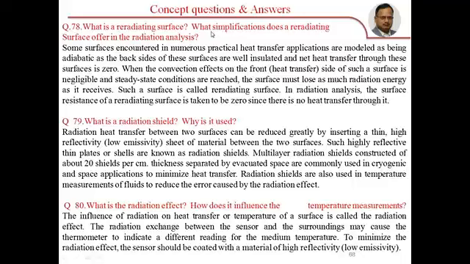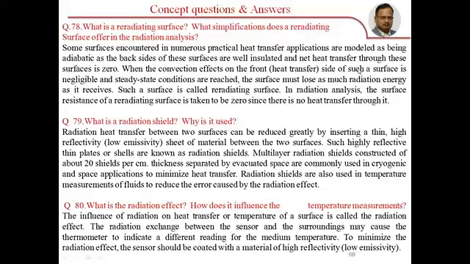What is a reradiating surface? What simplification does a reradiating surface offer in the radiation analysis? Some surfaces encountered in numerous practical heat transfer applications are modeled as being adiabatic, as the backsides of these surfaces are insulated and net heat transfer through these surfaces is zero. Those are called reradiating surfaces.